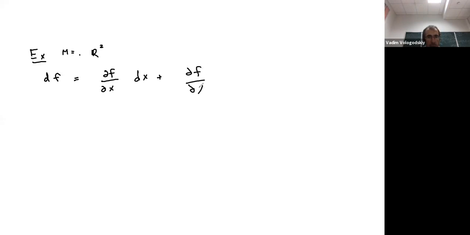It's easy. Let's just take R², and M is R². So the Duran differential of a function is its differential, so it's equal to df = ∂f/∂x dx plus the partial derivative with respect to y times dy.